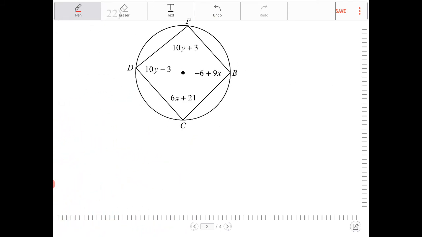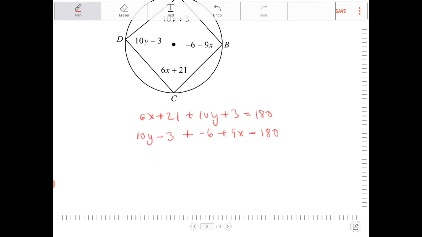So same idea. I say 6x plus 21 plus 10y plus 3 is equal to 180. And 10y minus 3 plus negative 6 plus 9x is also equal to 180. So what I will do with the top and bottom equation is I will just rewrite it. 6x plus 10y, and bring over everything that doesn't have a variable.